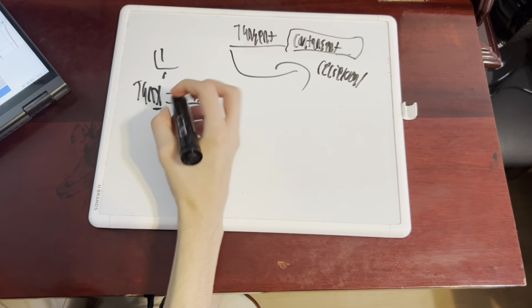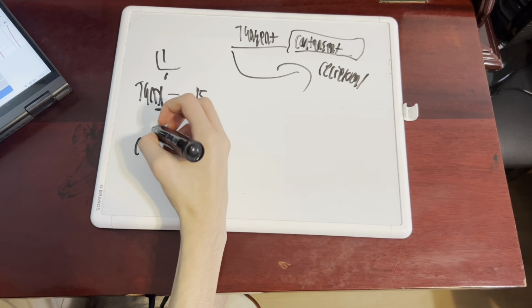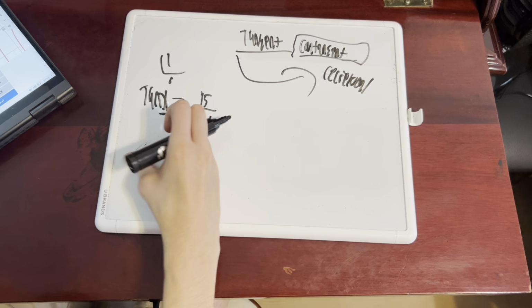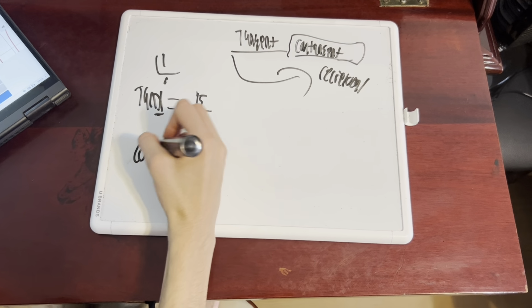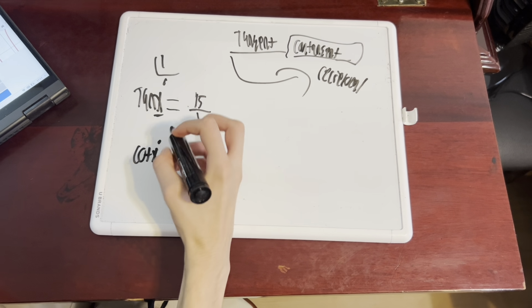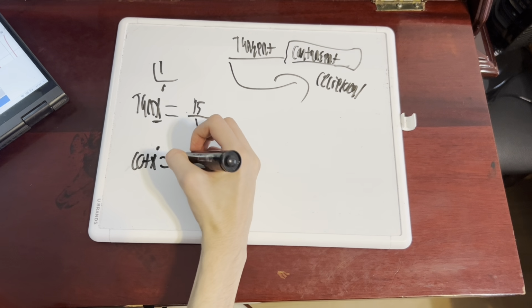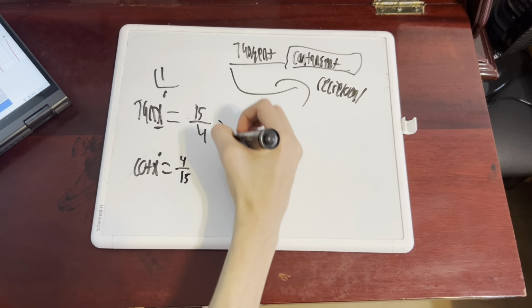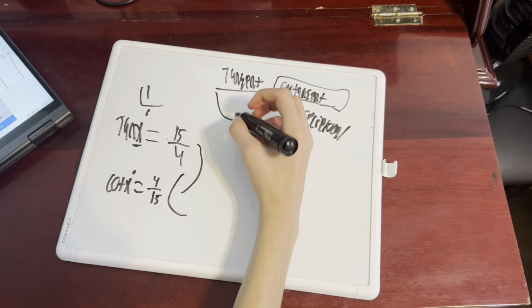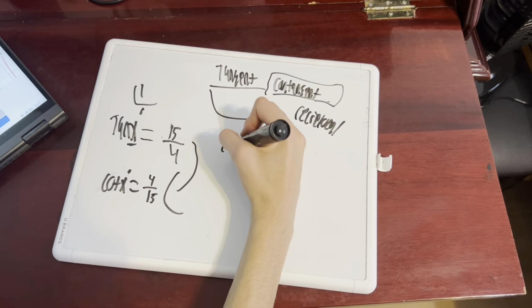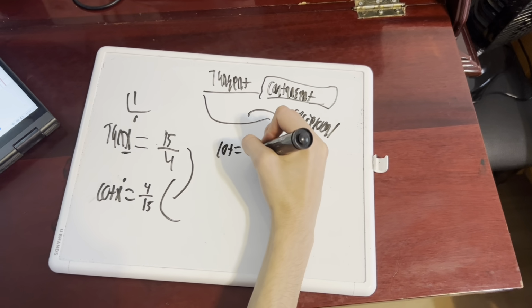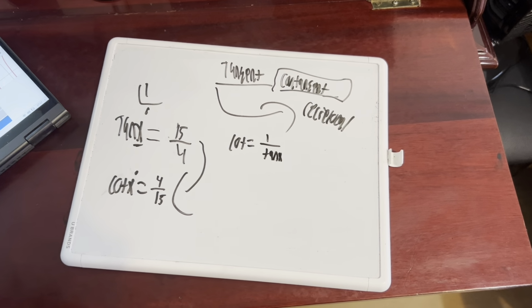So we know that cotangent, or cot, that's how we usually say it, the cot of x, degrees, don't forget that, is going to be equal to 4/15. So if you look at the pattern here, you can notice that cotangent is equal to 1/tangent of x.